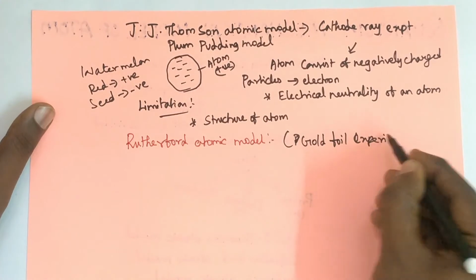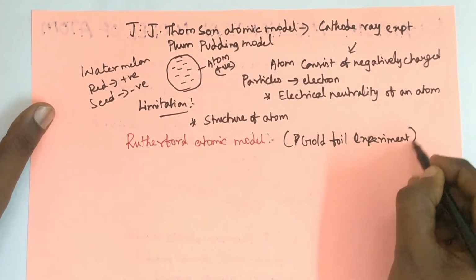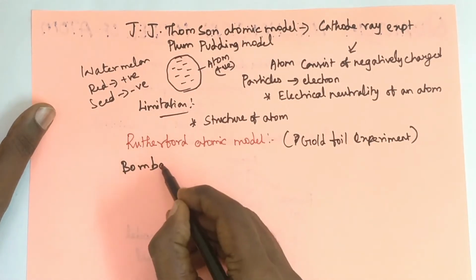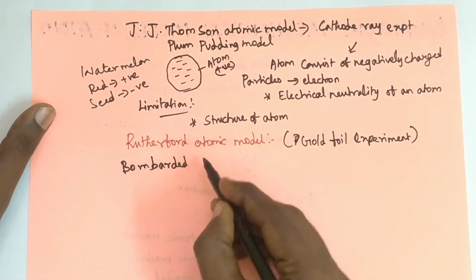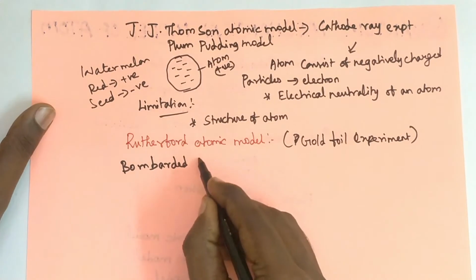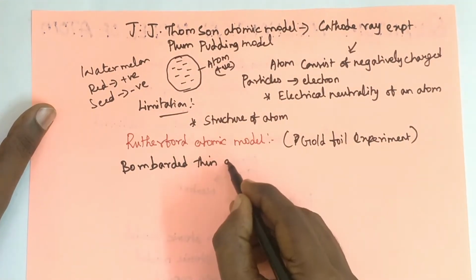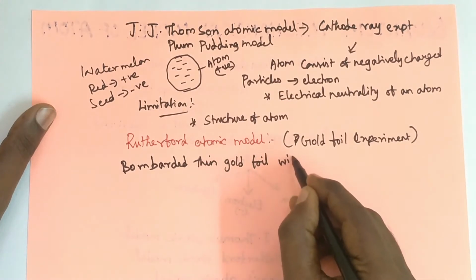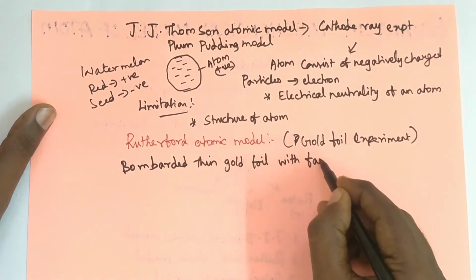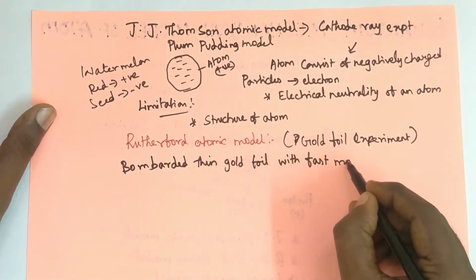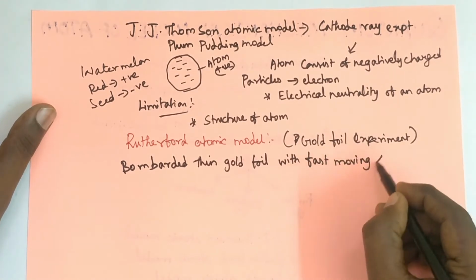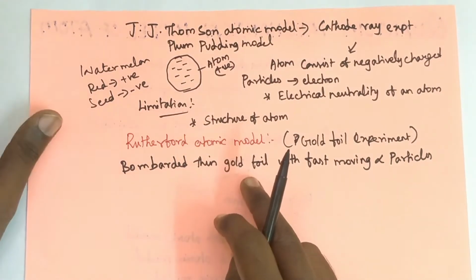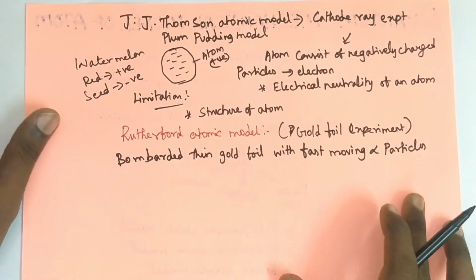He bombarded a thin gold foil with fast moving alpha particles. Bombarding means colliding the gold foil with alpha particles.